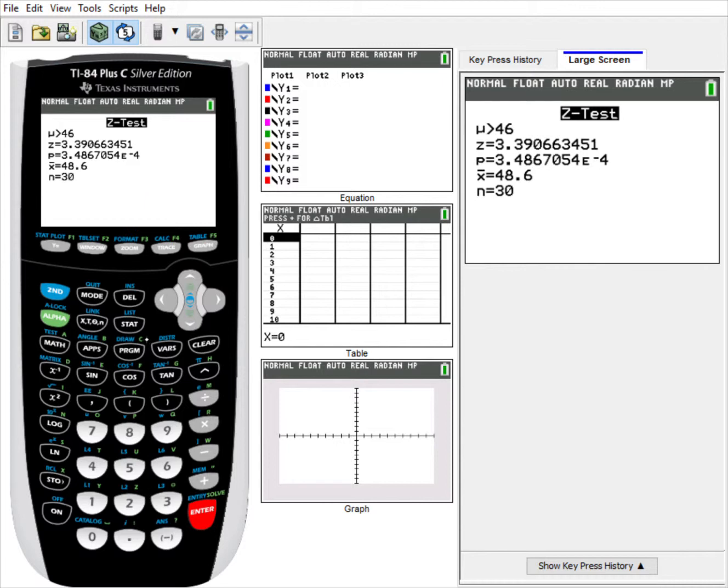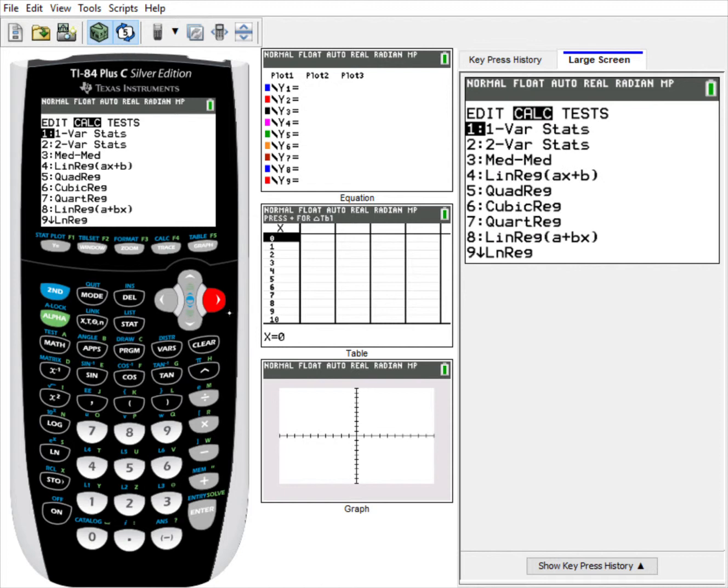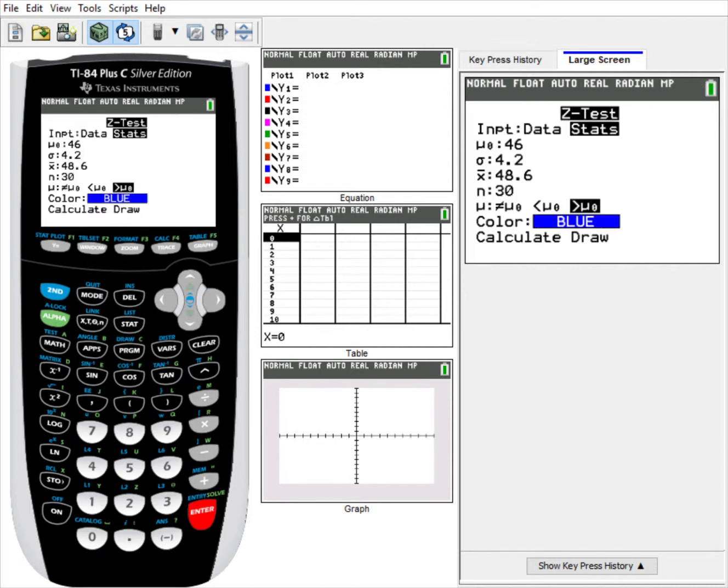Let's do the next problem. I'm going to quit out of this menu, go into statistics, and choose the z-test again. It does save your previous results. There's no need to clear them unless you really, really need to. My second example has to do with the wind.